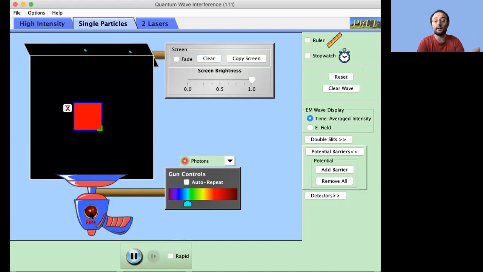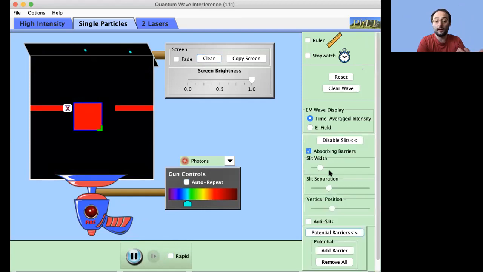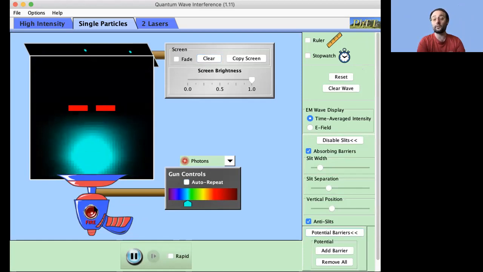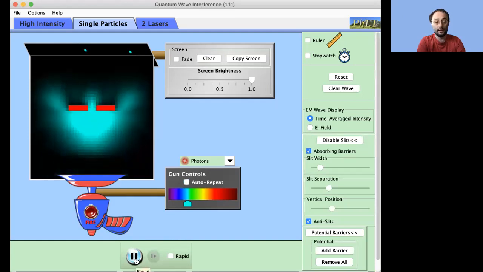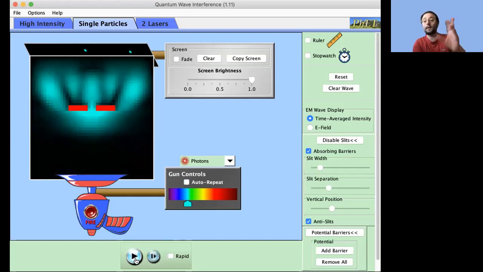So you can put obstacles, you can put slits, you can put anti-slits. You can do something like that, for example. If I shoot, the wave will diffract. And now you see when a wave diffracts, let me pause right here, the wave acquires a complicated pattern.